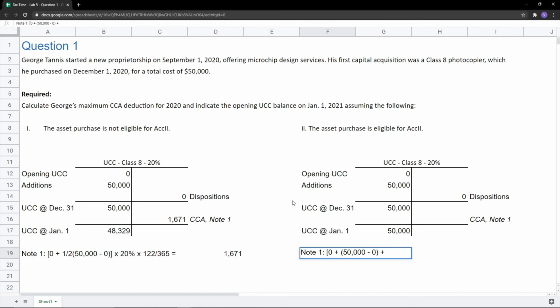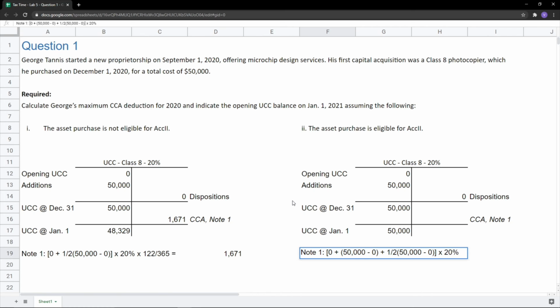And to that we can add 1/2 of our net additions. That would be the 50% increase in our base. All of that would be multiplied by 20%.